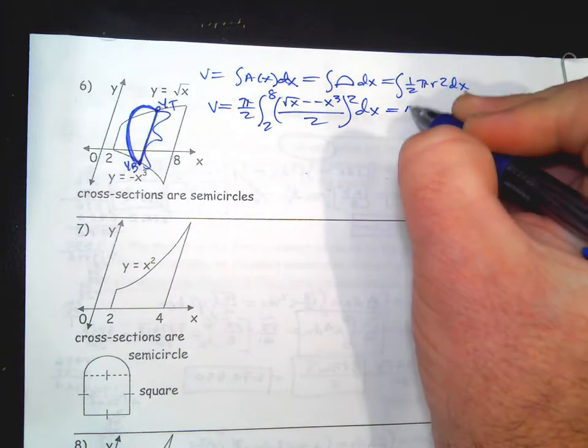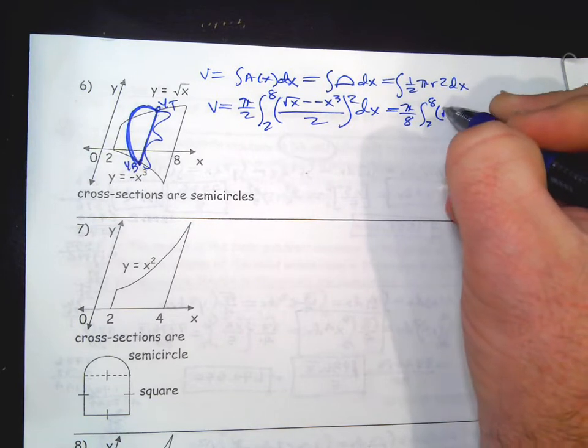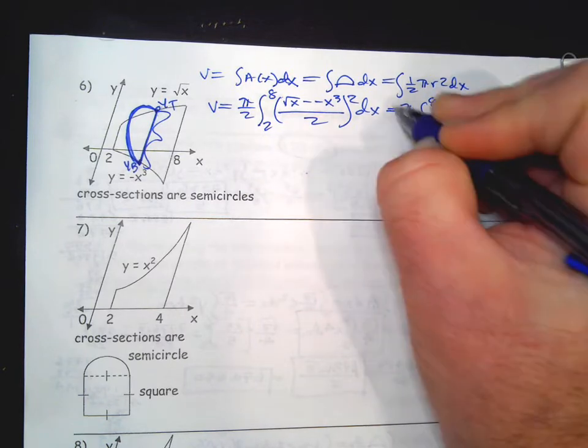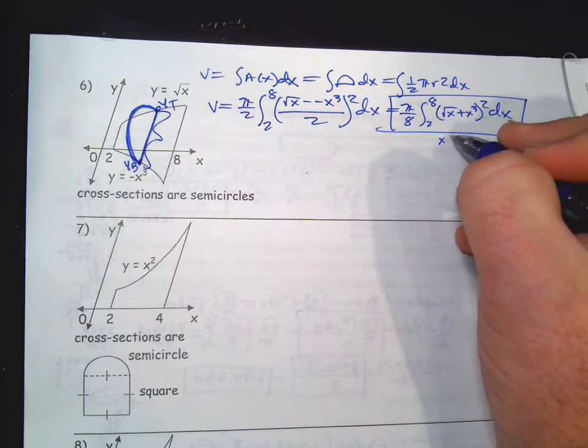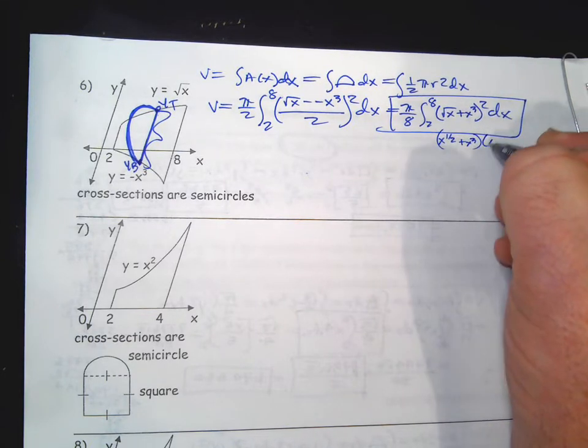So we could write this as pi over 8, 2 to 8, square root of x plus x cubed squared dx. So that's your setup for your calculator. If you're going to do it by hand, it'd be x to the 1/2 plus x cubed, and then you would FOIL it out.